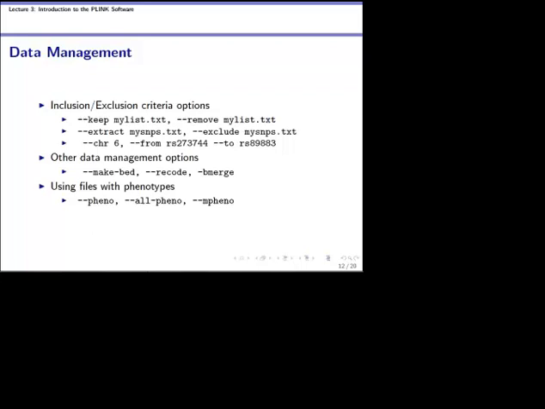I can't remember the code, but you can look it up. Let's say you have a whole bunch of different measures like height, weight, BMI, systolic blood pressure, and you just want to do analysis on a couple of the phenotypes. With this option, you can choose which phenotypes to analyze. Otherwise, you analyze all of them. So there are a lot of different options here.